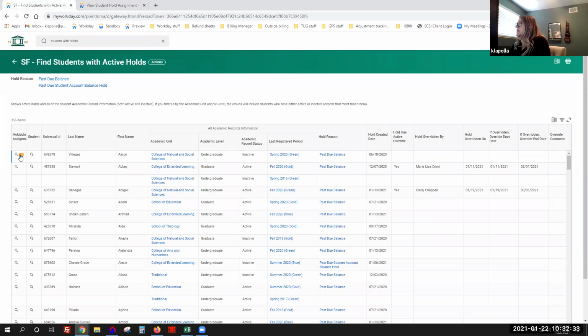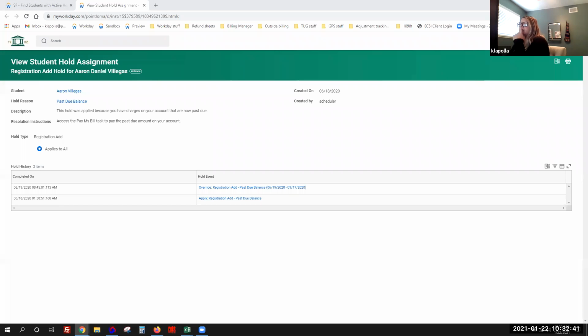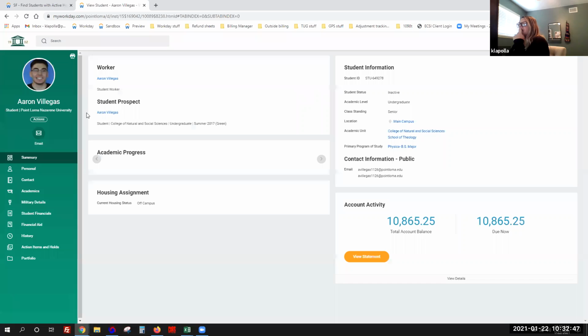Let me look at the update hold. We don't really care about that. I was digging around in there and I'm like, do we really care about this at all? I keep clicking on the wrong thing. We don't ever really use that. The only thing we'll use will be remove hold and override hold.